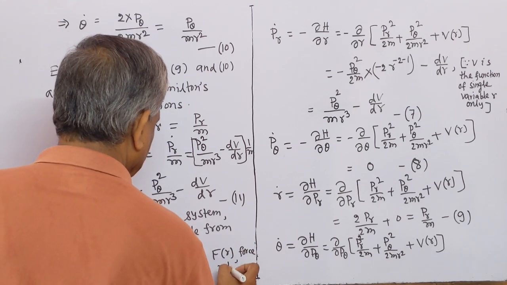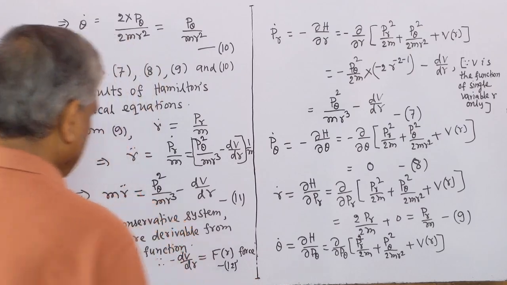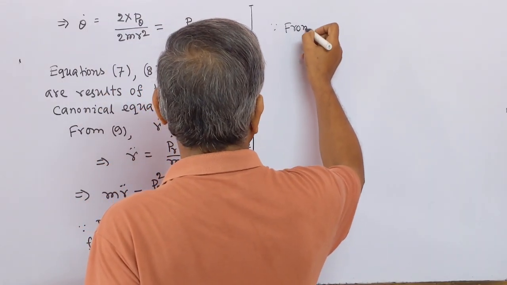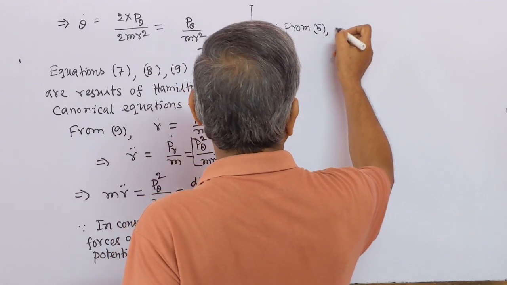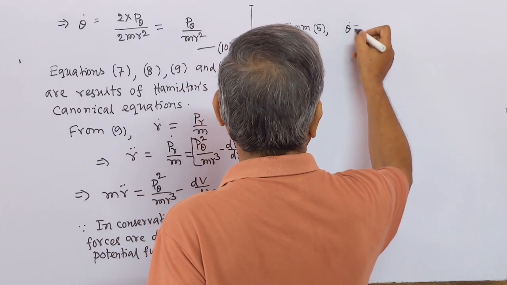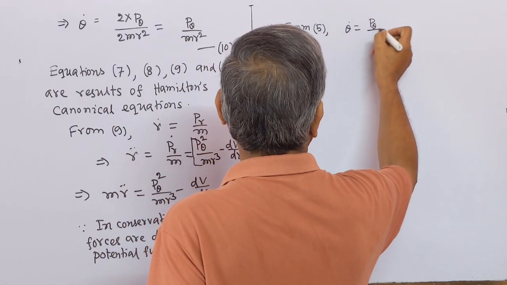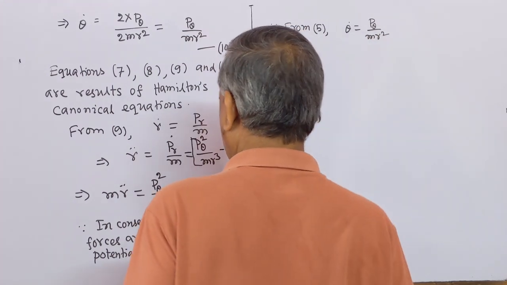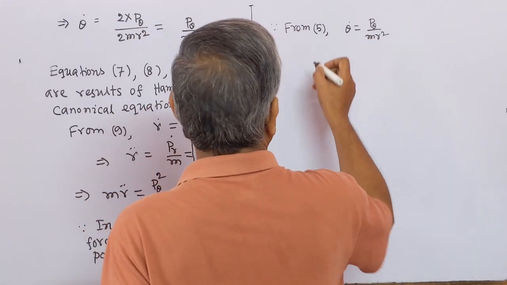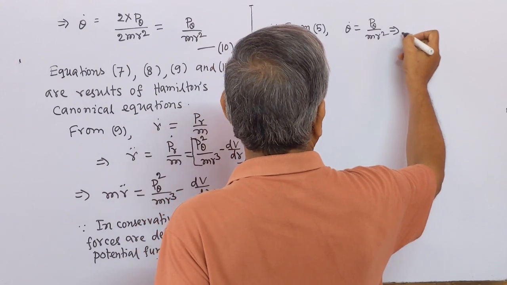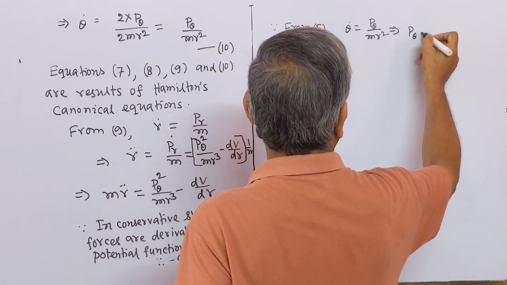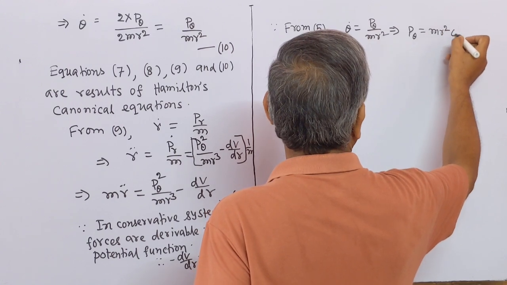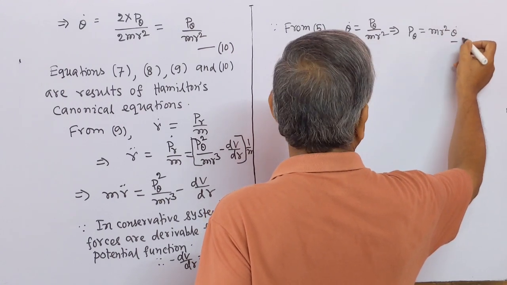Let this be number 12. Since from 5, theta dot equal to P theta by m r square, this implies that P theta equal to m r square theta dot. This is number 13.